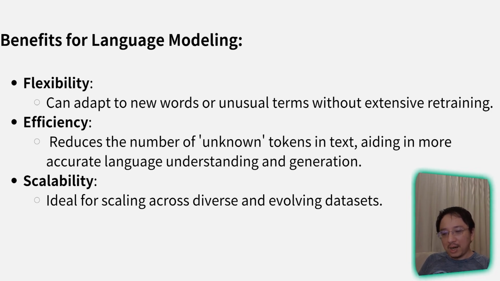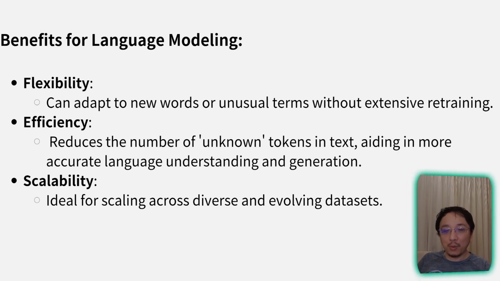So if we are encountering some new words, the model will at least see a difference between different new words. They'll get a chance to guess what the word means.